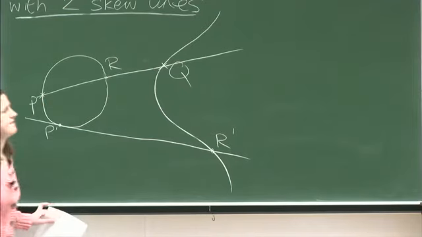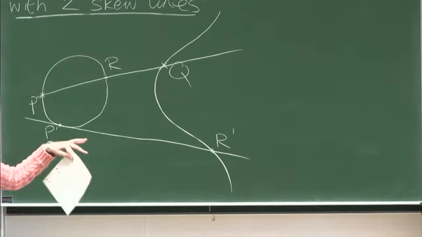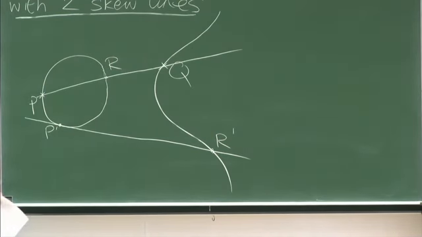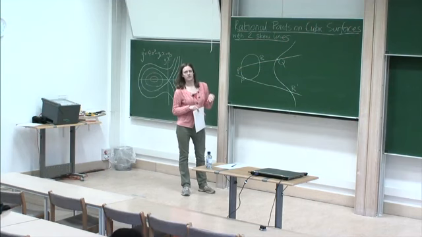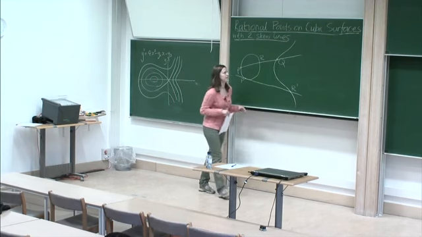It's a fairly well-known fact that with a little bit of a tweak, you can turn this operation into a group operation. In fact, your set of rational points on an elliptic curve is an abelian group, a finitely generated abelian group.